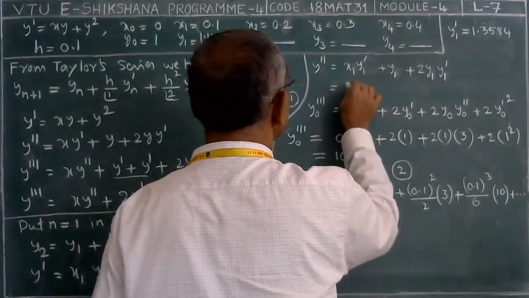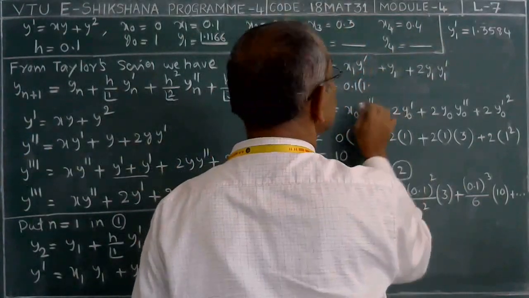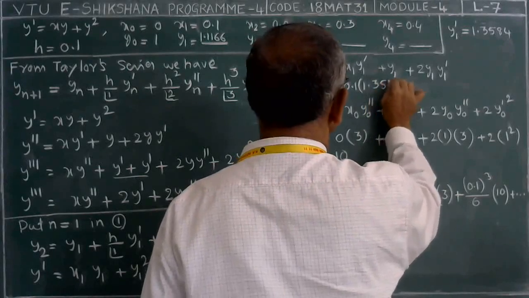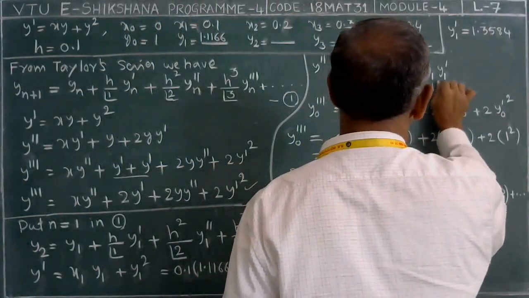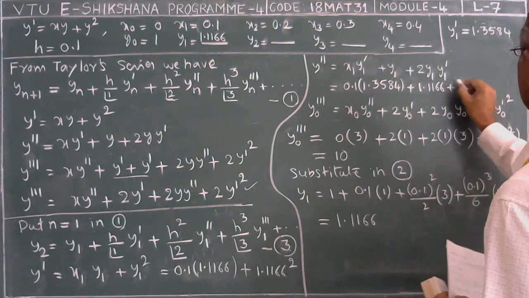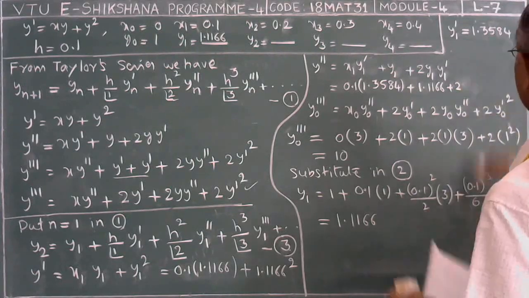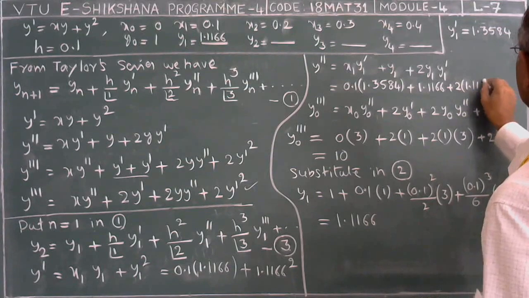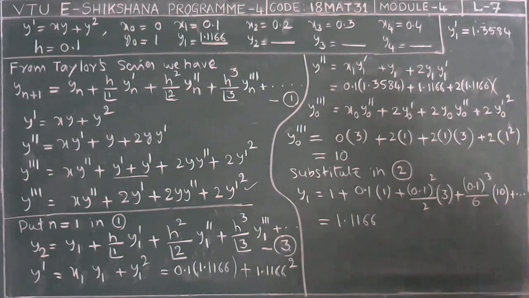So this is equal to x1 is 0.1, y1 dash is here 1.3584, plus y1 is 1.1166, plus 2 into y1, 1.1166, into y1 dash, y1 dash is 1.3584.